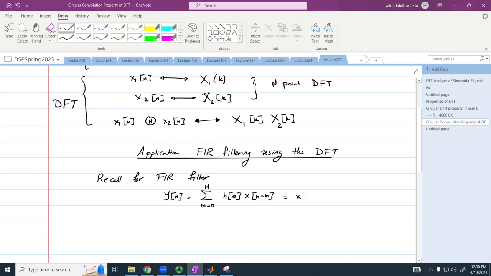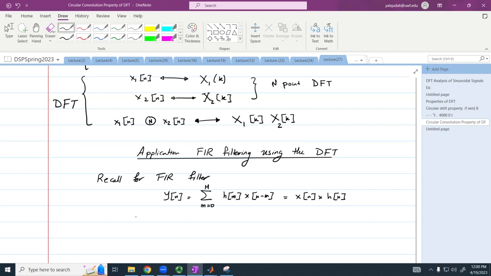What is this equal to? The convolution. Because the FIR filter has a finite impulse response, I can take h of m and convolve it with any input signal to get the output of that filter. Make sense?